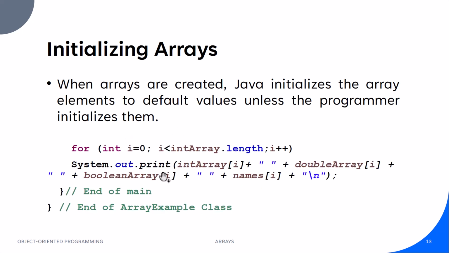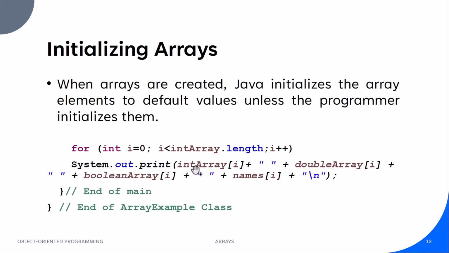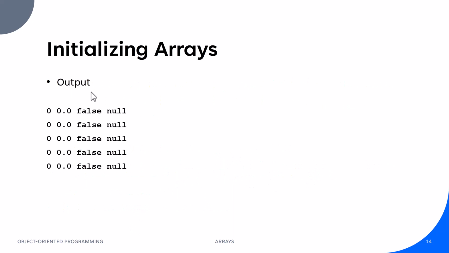And we have a for loop, which we are going to use to print out the first 5 elements of these arrays. Why the first 5? Well, we have used the integer array's length property, which is 5 because the integer array has 5 elements. And then we are going to print out the values of each of these different types of arrays. Here's the output of the program.